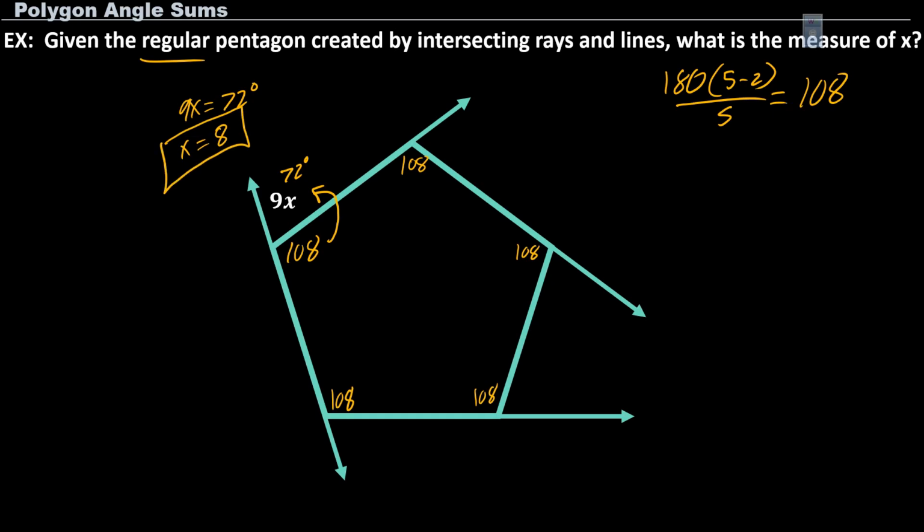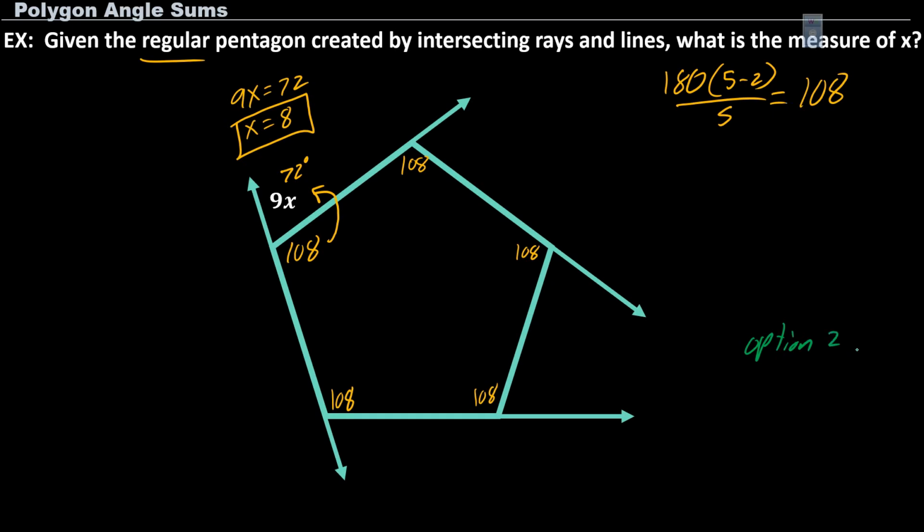So that's one route to go. But there's a different route we could go. Let's put option 2 here. All of these exterior angles, as we just talked about, have to add to 360. So if we take 360 and divide it by 5, because there's 5 of them, 360 divided by 5 is 72.